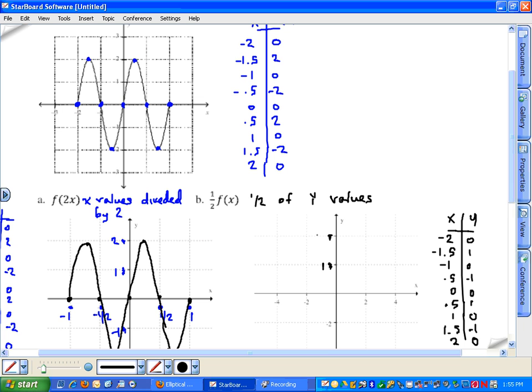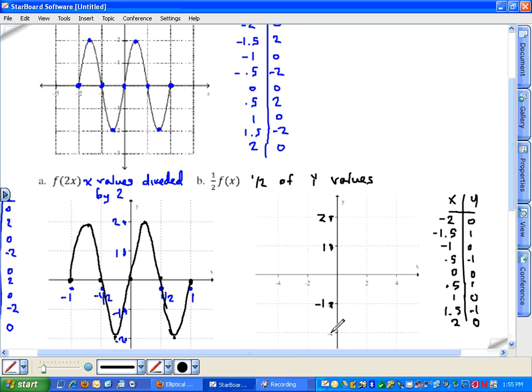It's supposed to be 1, 2, negative 1, and negative 2. I'm going to change this to negative 1, and negative 2, positive 1, positive 2.